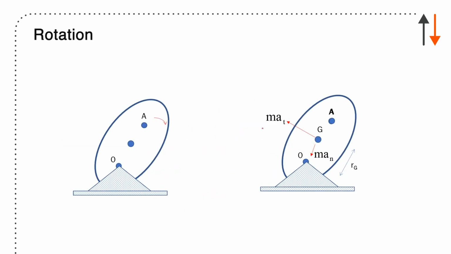For rotation about a fixed point, say O, you have forces acting on the body, and you might have rotation, and you have a weight. All of these things come together, and you end up with normal and tangential accelerations with respect to some distance from the point of rotation, alpha and omega.